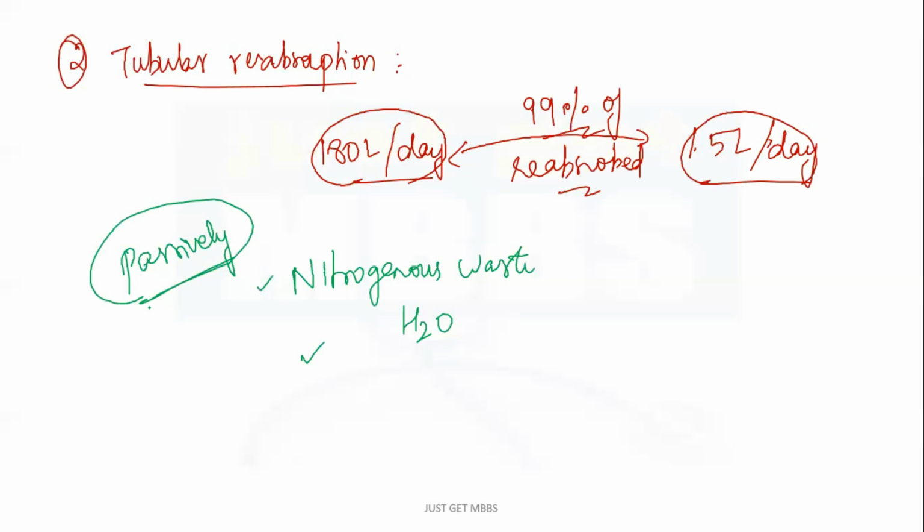So there is an expenditure of energy taking place there. So two main substances transported passively: nitrogenous waste and your water. And this is a blunt statement from NCERT you need to memorize. 99% of the fluid is reabsorbed. What is giving you this point is formation is 180 liters, urine output is 1.5 liters. So that is why I'm coming to the conclusion that 99% is getting reabsorbed.